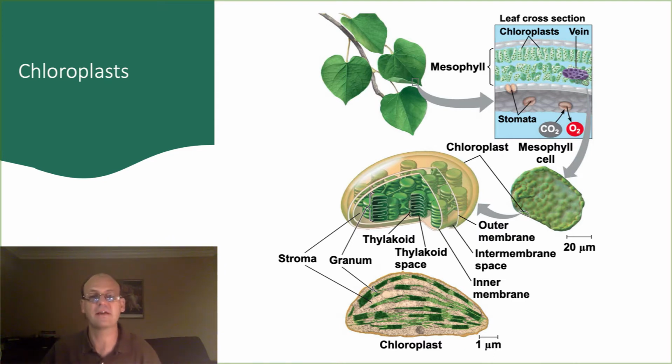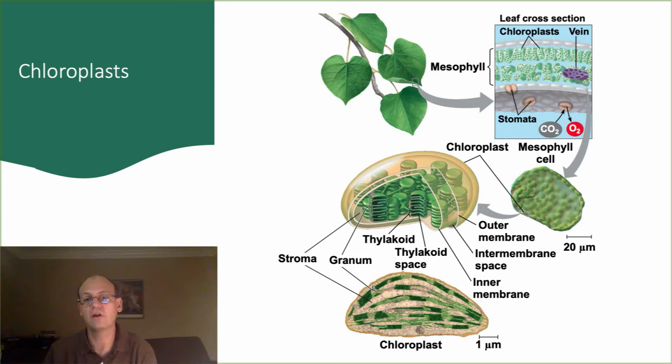A photosynthesizing cell typically has many dozens of chloroplasts spread through the cytoplasm. Like with mitochondria, chloroplasts have two membranes, an inner membrane and an outer membrane, and a space between them called the intermembrane space. Within the chloroplast, the liquid portion is called the stroma, and there also exist stacks of thylakoids called grana, or granum for singular.